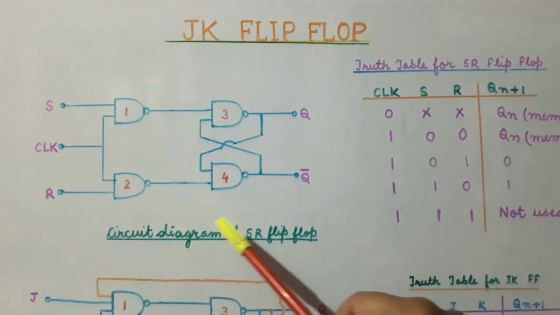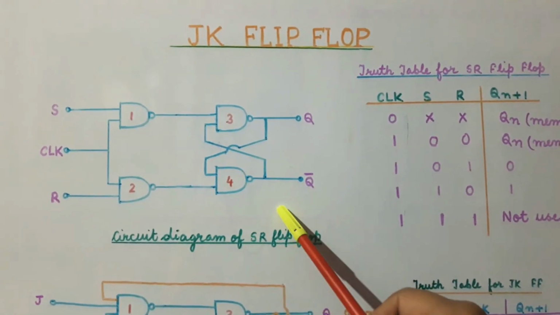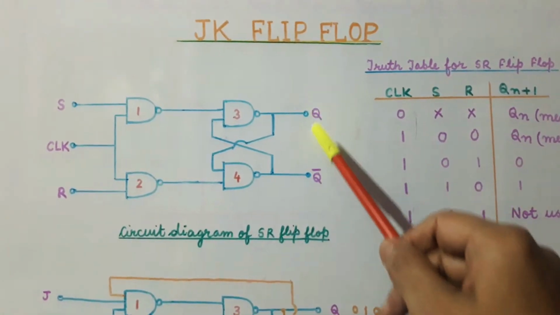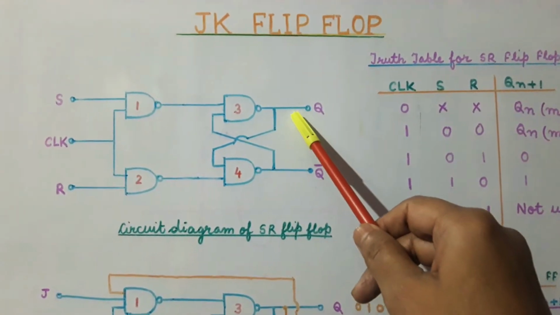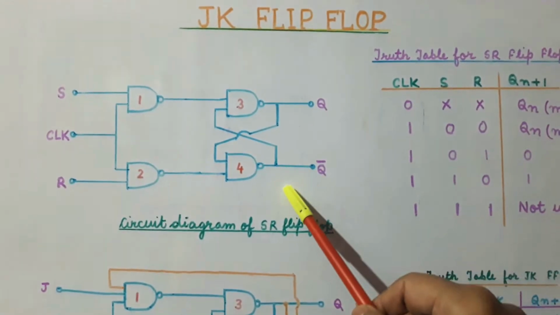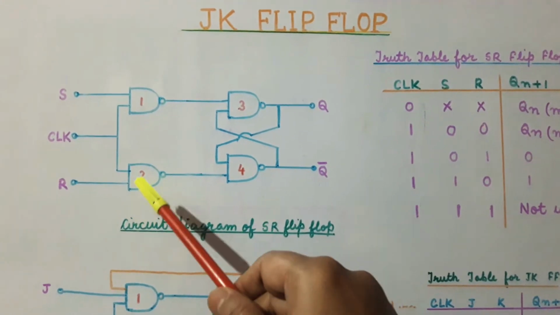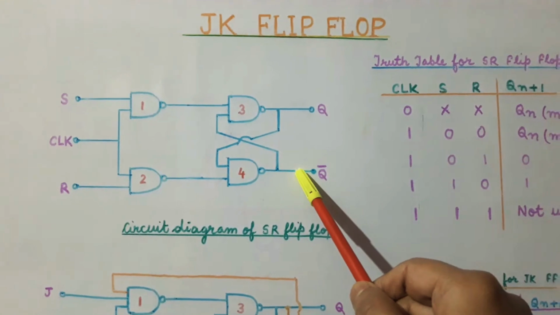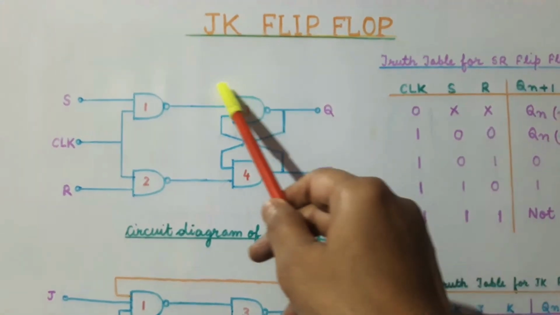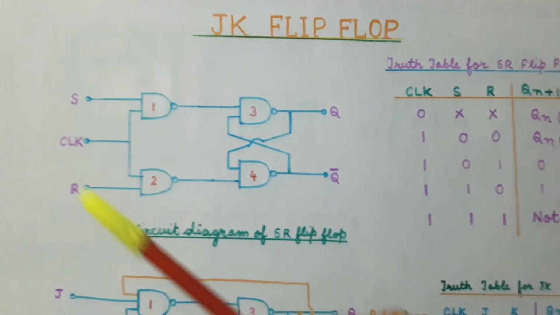We see that this is the circuit diagram of the SR flip-flop, and these are the two outputs Q and Q bar. Now we will take this output Q and give it as input to this NAND gate. Similarly, we will take this output Q complement and give it as input to this NAND gate.